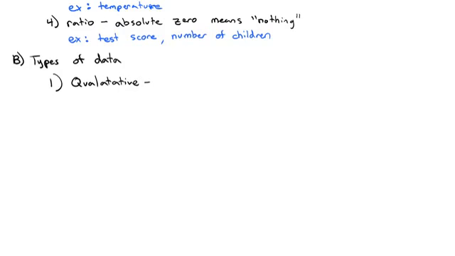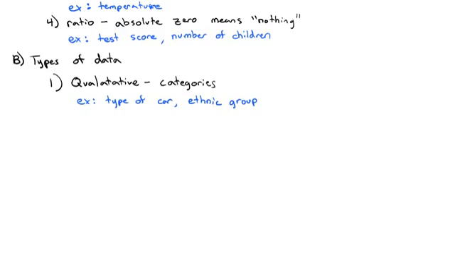Qualitative data, which really focuses, again, on categories. No numbers. We're describing the qualities of something. So, for example, we might be talking about the type of car, or maybe some type of ethnic group. Those are the qualities of the data.